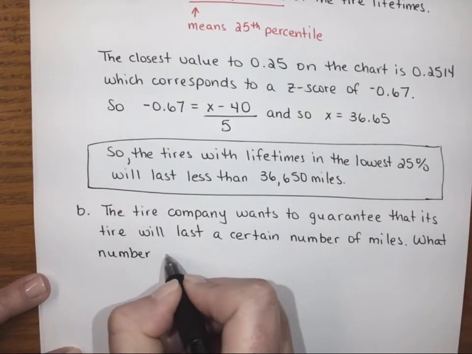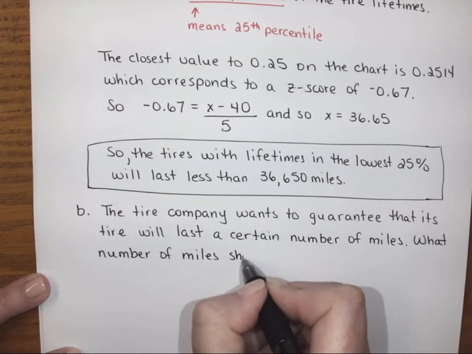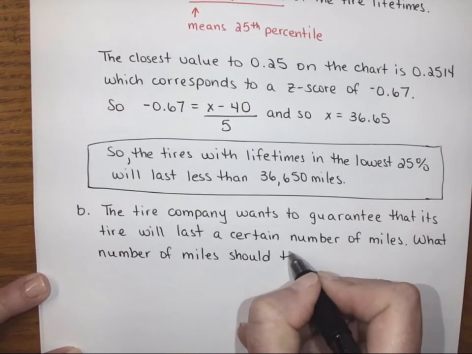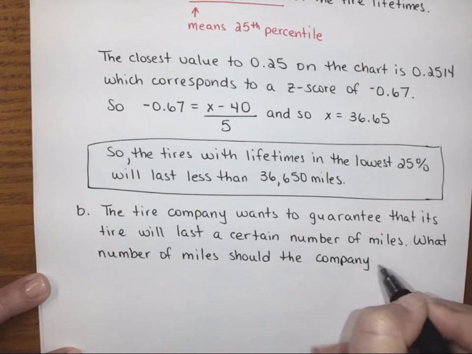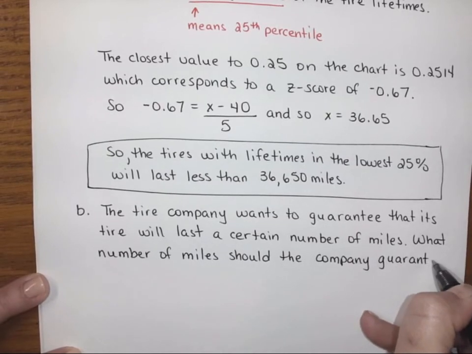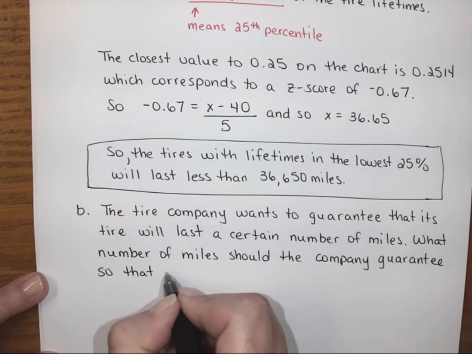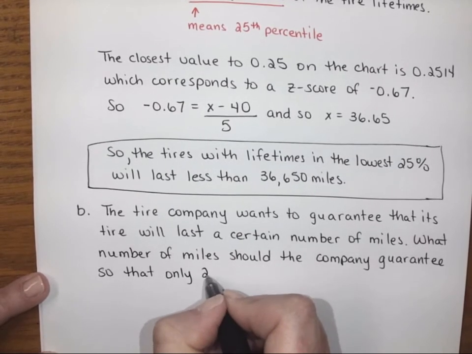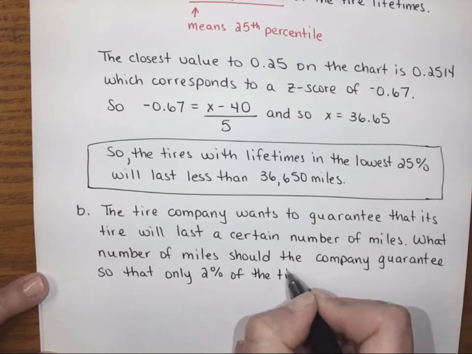So my question is, what number of miles should the company guarantee so that maybe only 2% of the customers need a refund? So we'll say only 2% of the tires violate the guarantee.